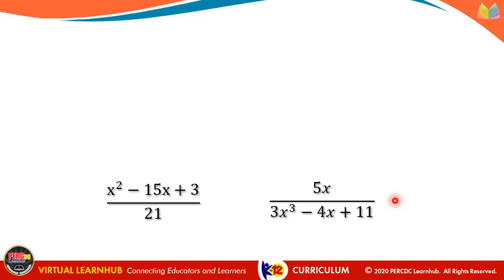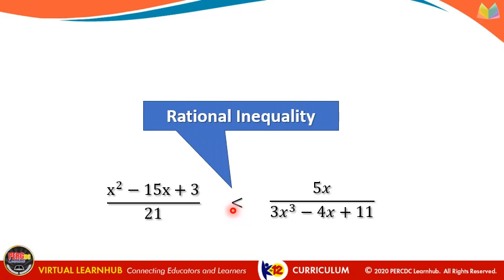And then, let's put a less than sign sa gitna nila. So, ano ngayon ang ibig sabihin nito? 'Di ba? Ibig sabihin nito, yung nasa left side ay mas mababa kaysa sa nasa right side. So, x squared minus 15x plus 3 over 21 is less than 5x over 3x cubed minus 4x plus 11. And this is it. What we now have is a rational inequality.